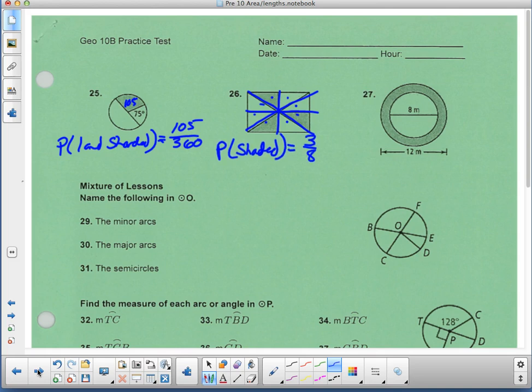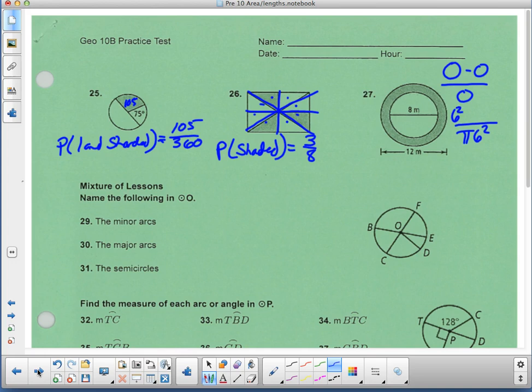Now, in 27, I'm going to have a harder time. I've got to be talking about my dartboard a little bit differently. I've got the probability of landing shaded. To find the top over the total, I've got to figure out what's going on. So I'm going to go big minus little over big. Now the big has a radius of 6, so I've got 6 squared pi.